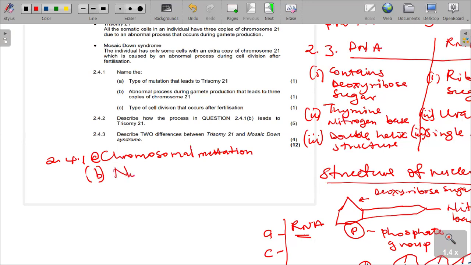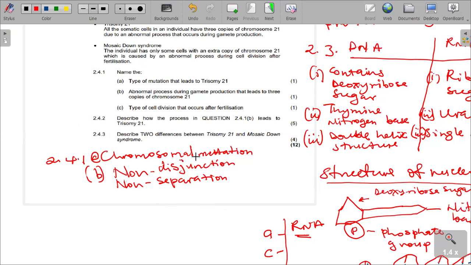How do we have non-disjunction? Or we can also call it non-separation. So what is happening is chromosomes are failing to separate during the process, which is causing us to have 3 copies of chromosome 21.